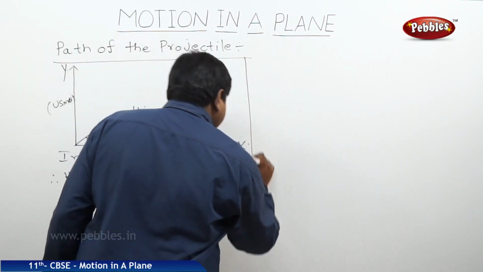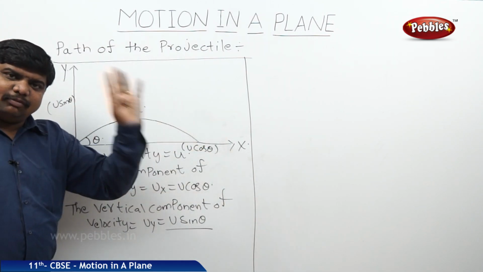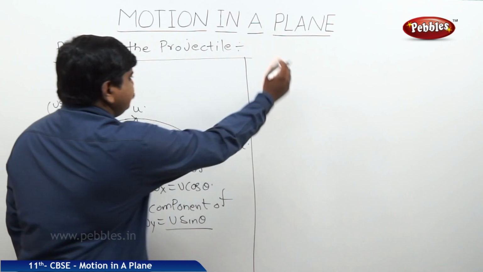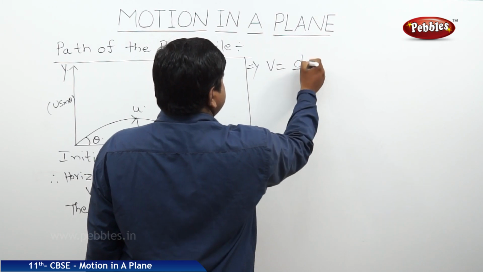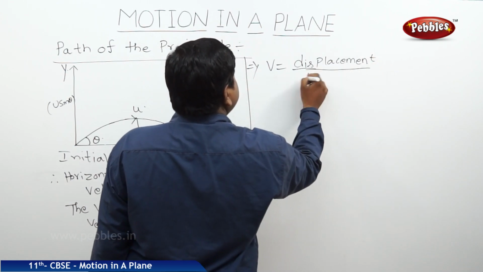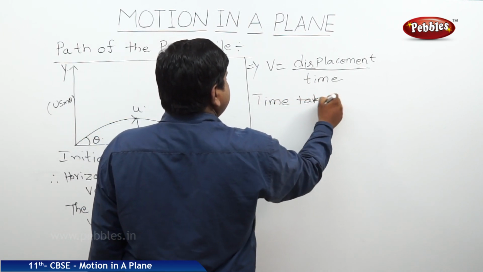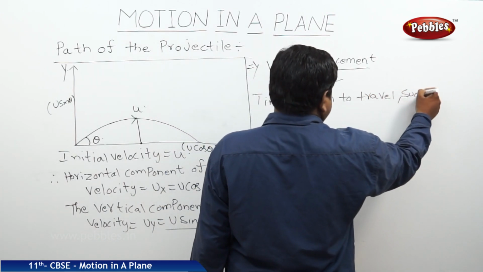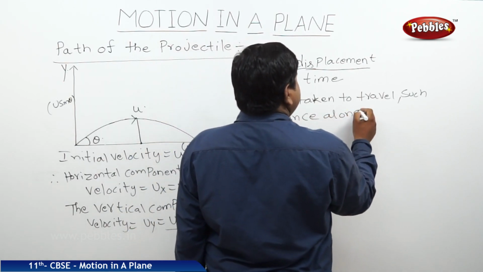Now, let us say the distance travelled along the x-axis is small x. So, velocity is u cos theta. Velocity is equal to displacement by time, the time taken to travel such distance along the horizontal direction.